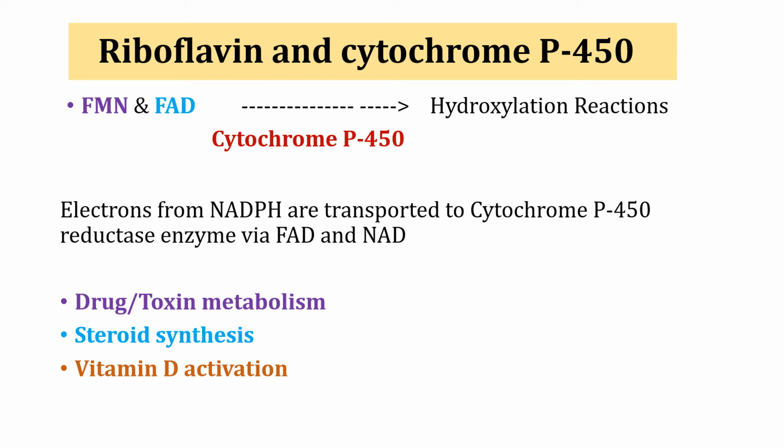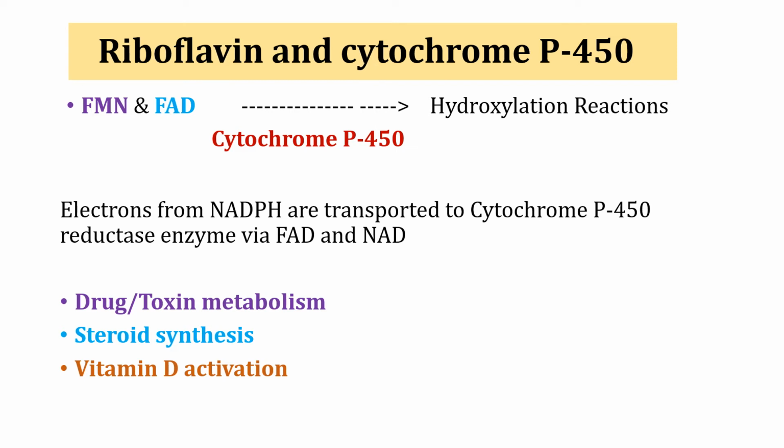FMN and FAD are also required for functioning of cytochrome P450 dependent enzymes, which are required for various monooxygenation or hydroxylation reactions in microsomes and mitochondria. Electrons from NADPH are transported to cytochrome P450 via cytochrome P450 reductase enzymes containing FAD and FMN.